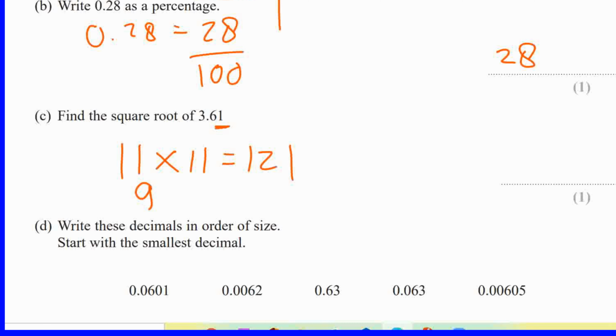So let's try the ending of 9. 19 times 19 will be 361. Now since it has two decimal places, we put here 1.9. So we know this mentally, or we can count with a calculator.